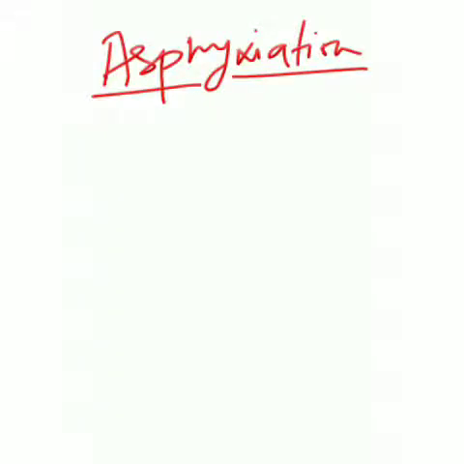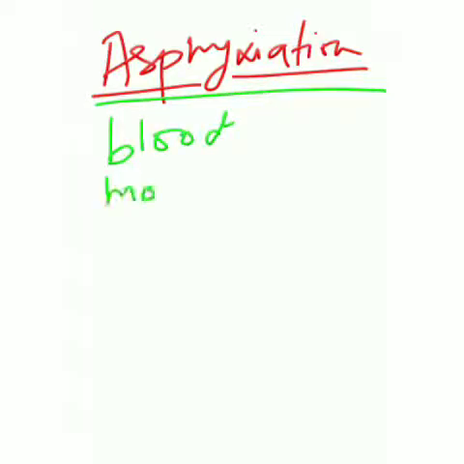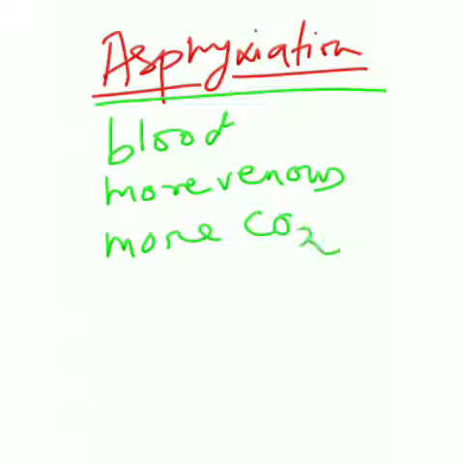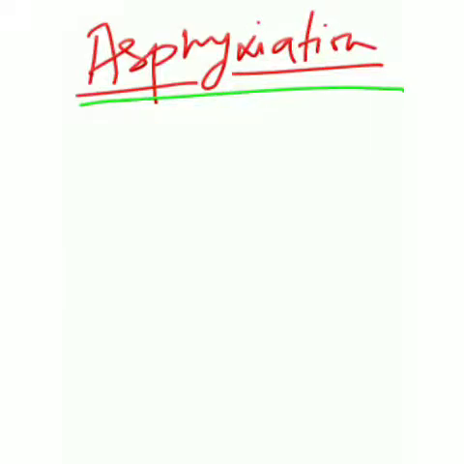Whereas asphyxiation is a condition in which the blood becomes more venous by accumulation of more carbon dioxide, and the oxygen supply is diminished. And there may be various causes behind this.